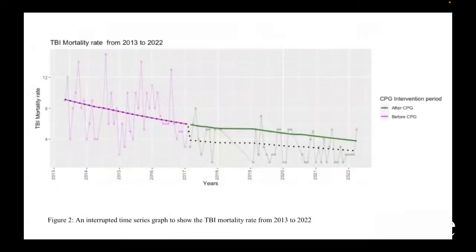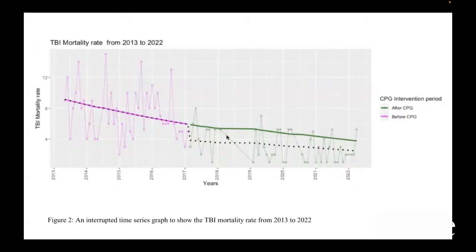But here the CPG data goes from 2013, and the CPG was implemented in 2016, but we tried to evaluate it at 9 months because there was some training for the healthcare providers. Then we evaluated from 2017 to 2022 so that we could have a longer time interval and equal intervals for evaluation.